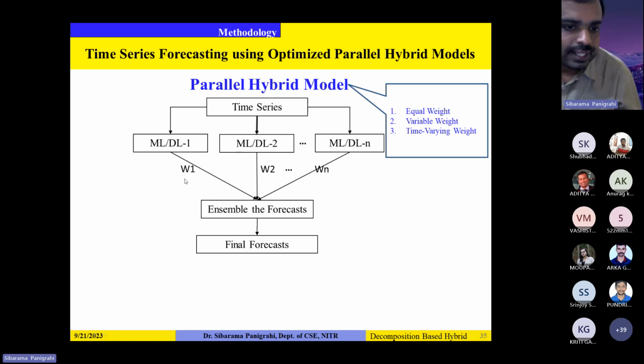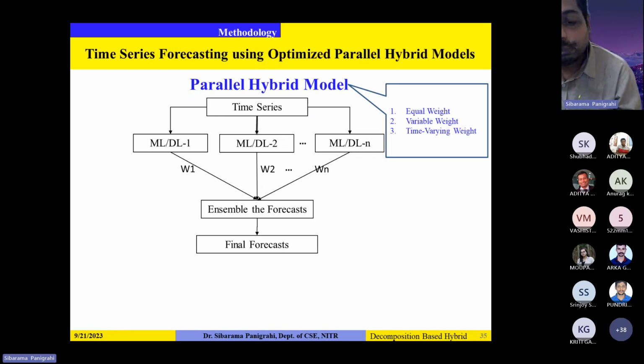Next, what is your fitness? In that case, the fitness will be the train error, the root mean square error on the train set. On the train set you compute the ensemble forecast, then you have the actual values, and you compute the squared error between them. So your fitness should be the squared error between the ensemble forecast and the actual values.